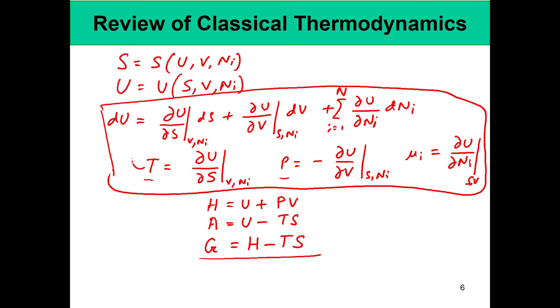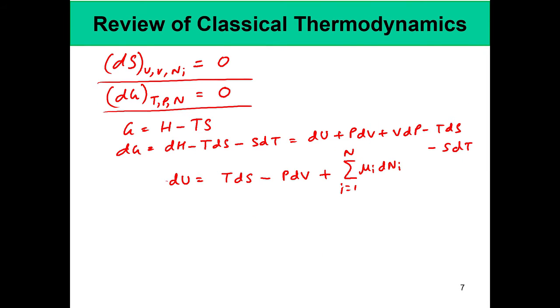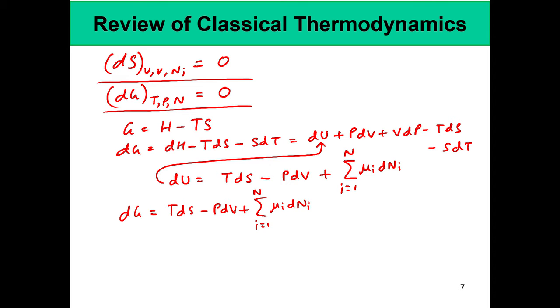If you substitute this thing here, now dG is equal to TdS minus PdV plus the summation i equal to 1 to n of mu i dNi plus PdV plus VdP minus TdS minus SdT.